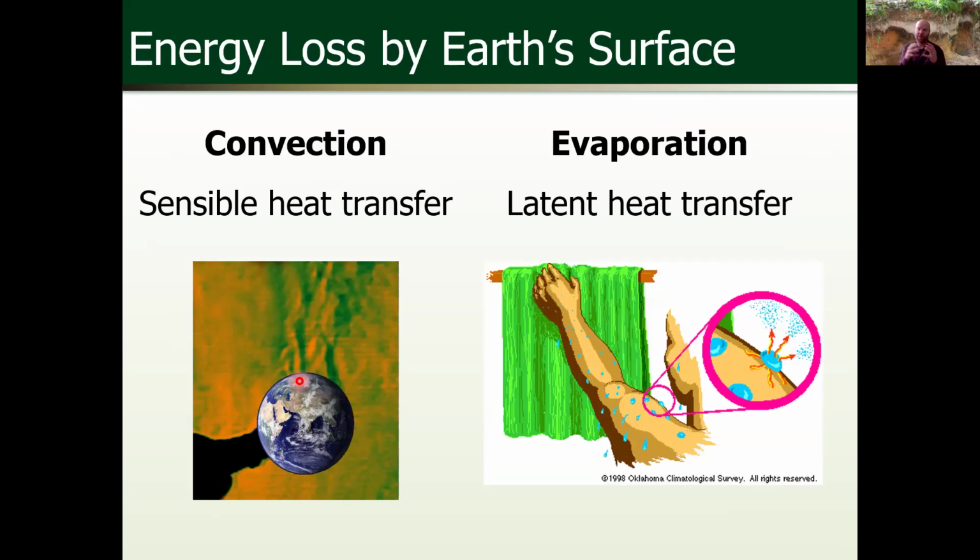But now let's compare that. We can sensibly measure this heat transfer in these convective loops. However, Earth, including us, always has these latent heat exchanges, where energy is being absorbed or released due to a phase change from solid to liquid, or liquid to solid, or liquid to gas, et cetera. There's all this energy being exchanged, but it's not measurable with a thermometer.